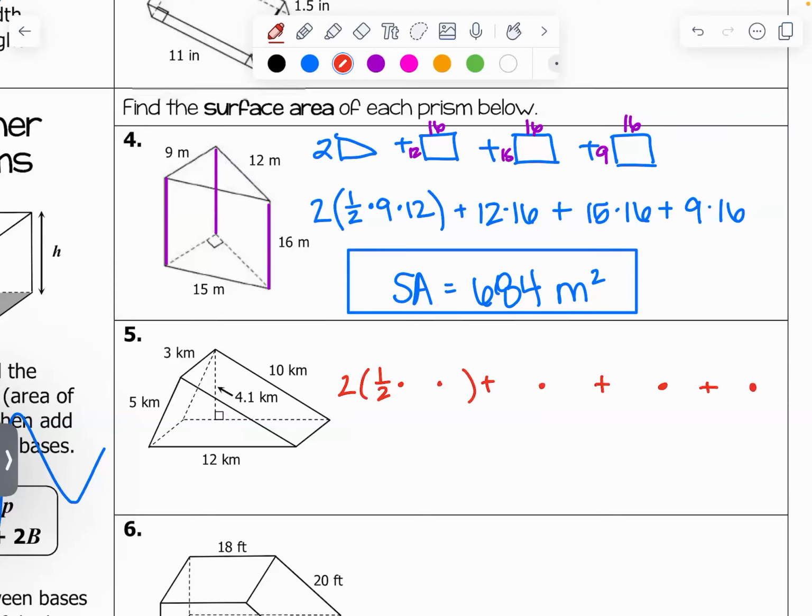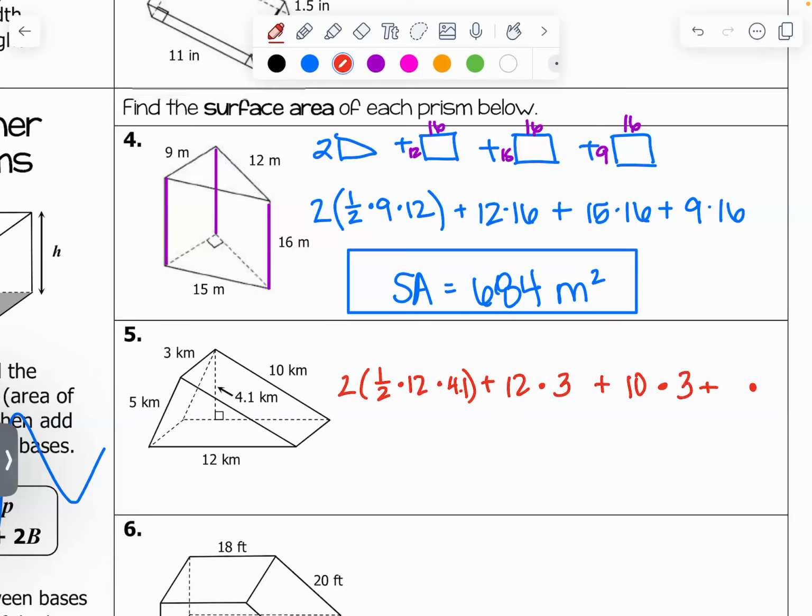Okay, what is the base and height of the triangle faces? 12 and 4.1. And then, Harvey, give me the dimensions of one of the rectangles. 12 by 3. Alexa, give me another one. 10 by 3.